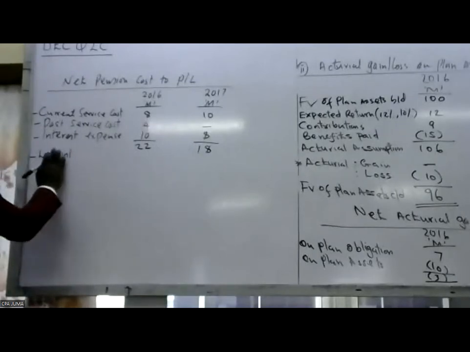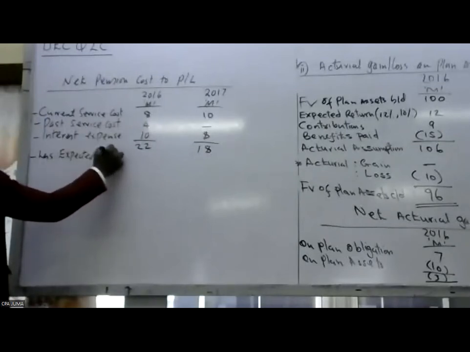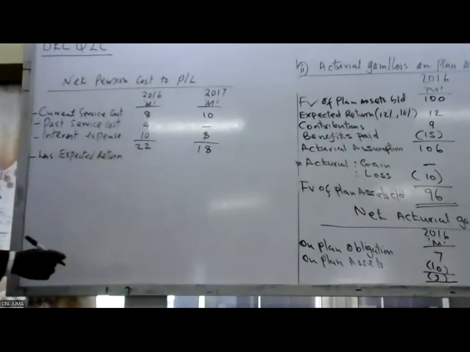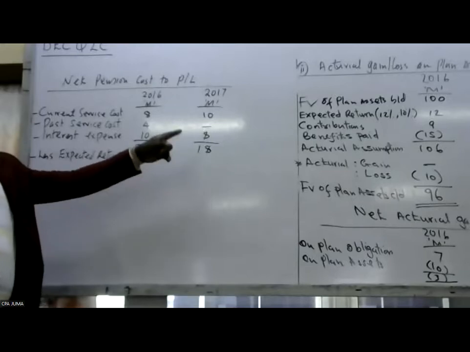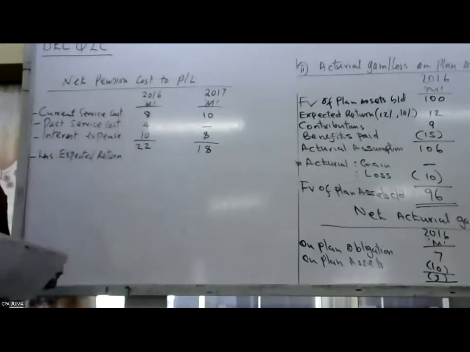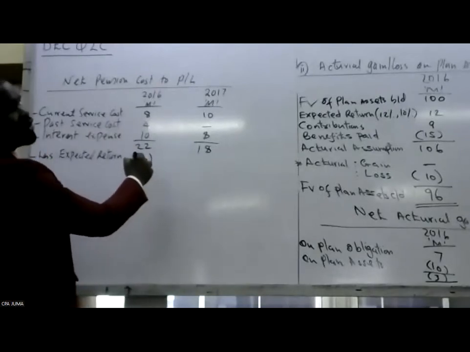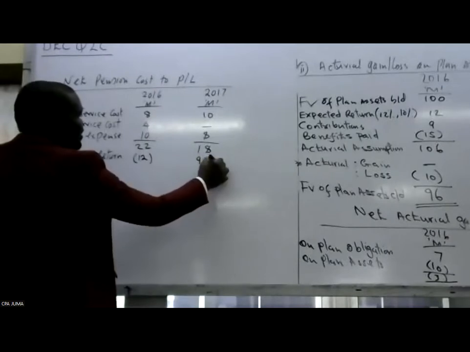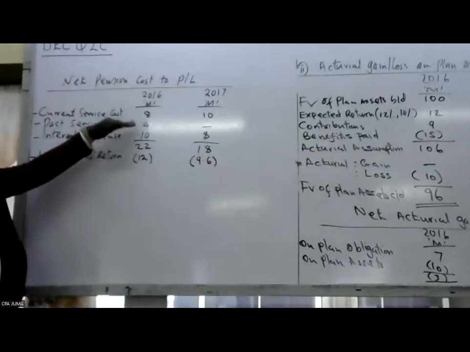Less expected return. Expected return is an income. So we have these expenses to charge to P&L, but expected return is an income, so it reduces, offsets the expenses. Expected return is 12, and on the other side, 9.6. So these ones are income, while these ones are expenses.